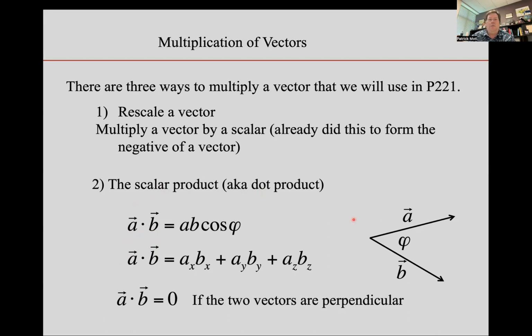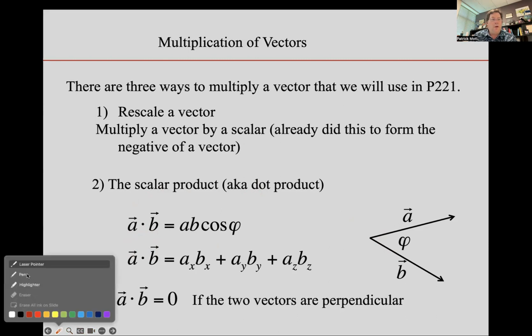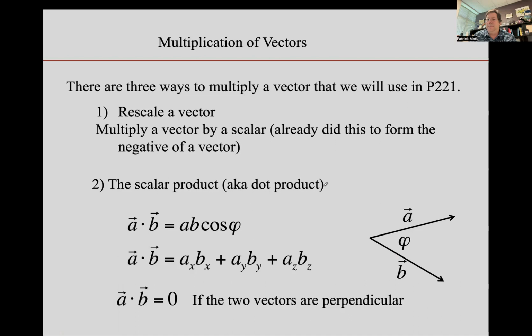What is it trying to do for you? So I take my 2 vectors that I want to form the scalar product of, A and B. I put them tail to tail. And then the scalar product is telling me how much of the vector A points along the vector B, or conversely, because it commutes, how much of the vector B points along the direction A. So how much of A points along B?